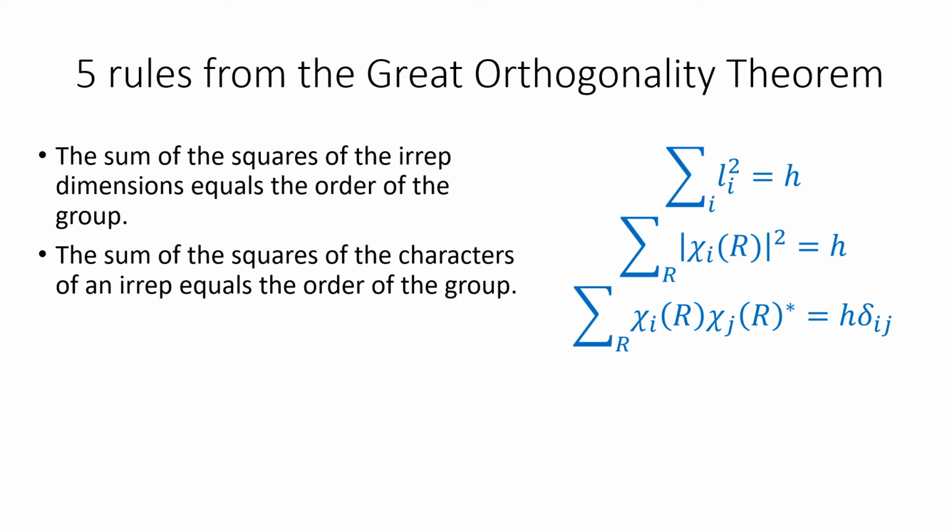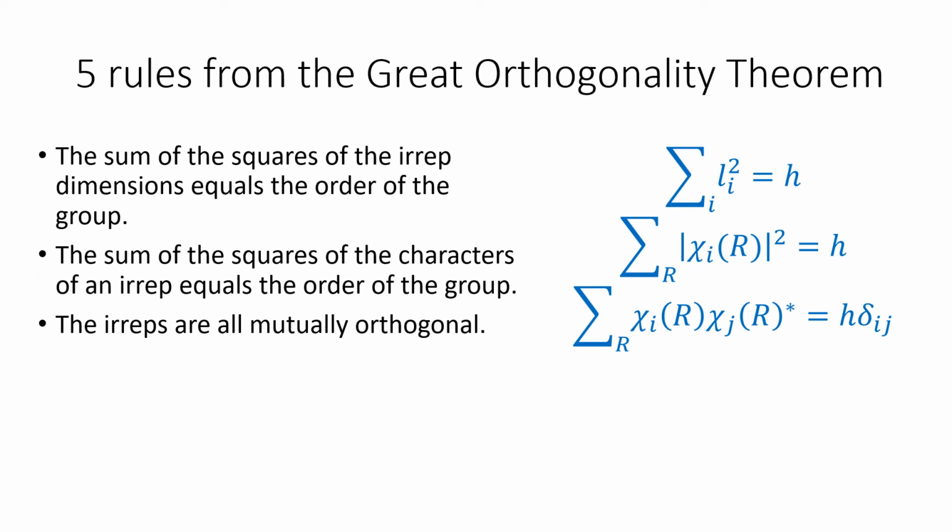So for every single symmetry operation in the group, we take the character of that symmetry operation for the particular irrep, that's chi, the character, for the irrep i, for the symmetry operation R. We square it, and we sum these squares for all the different symmetry operations, and again we get the order of the group, h.